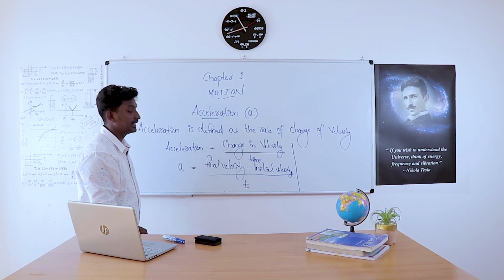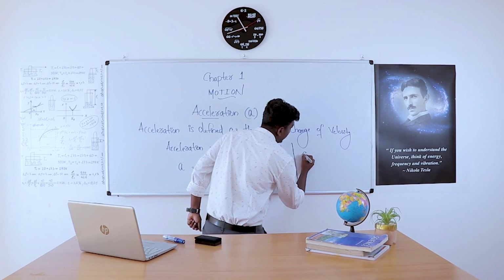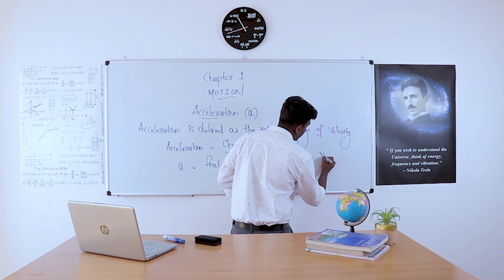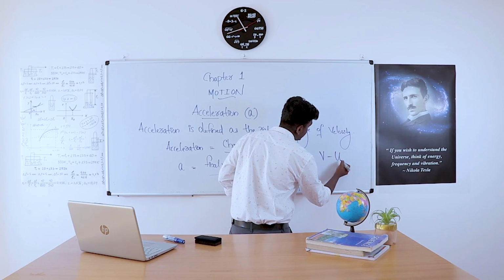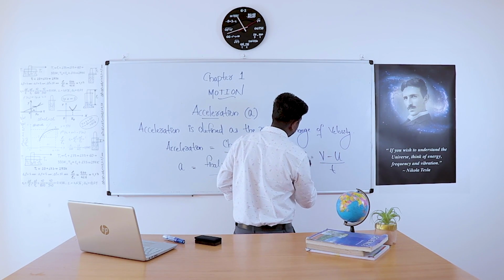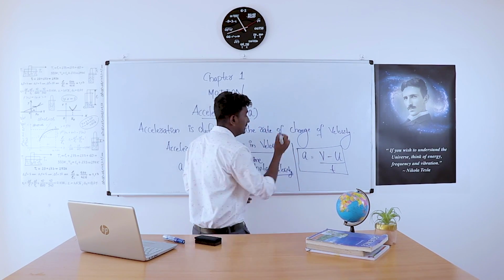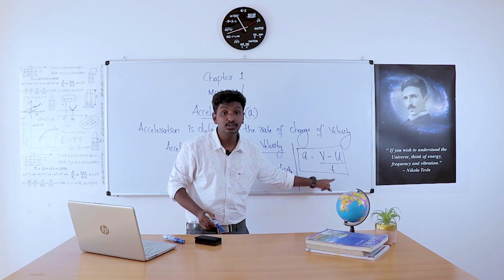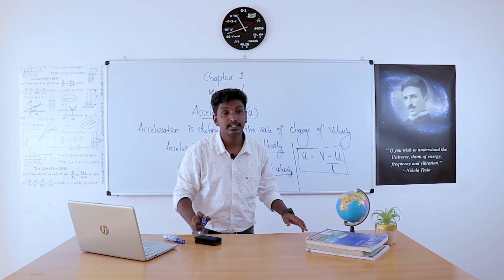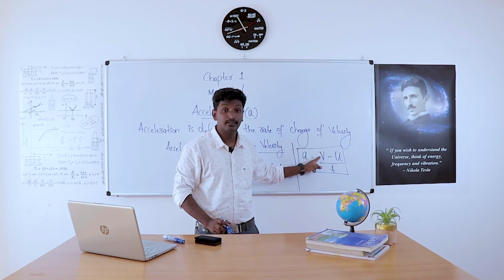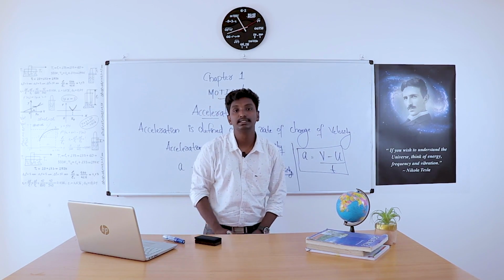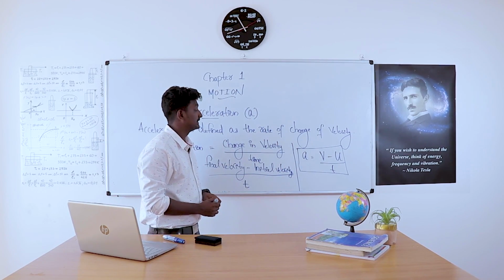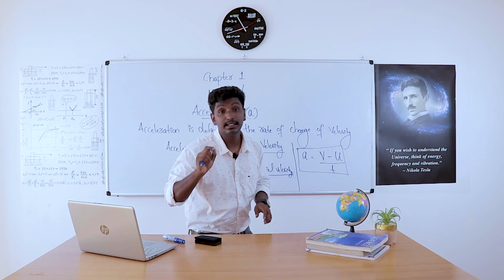Time is represented by the letter T. If we represent final velocity as V and initial velocity as U, then we can write the equation as A is equal to V minus U by T, where V is the final velocity and U is the initial velocity. Remember the terms: V is the final velocity, U is the initial velocity, A is acceleration and T is the time. Therefore, acceleration A is equal to V minus U by T.